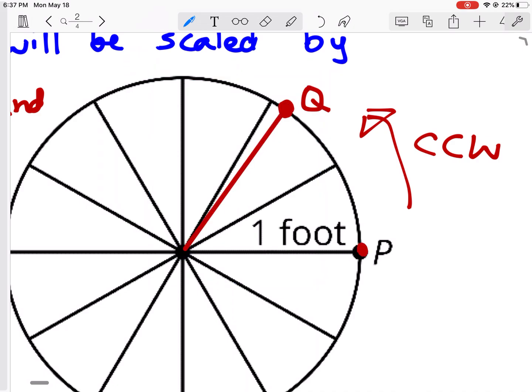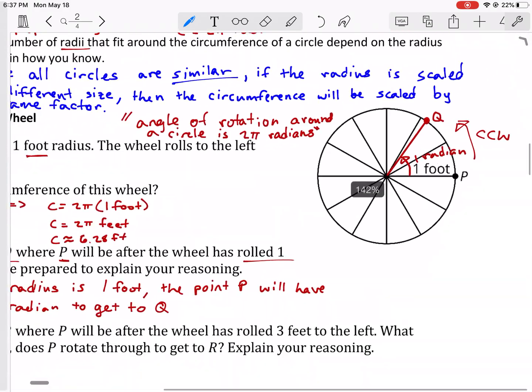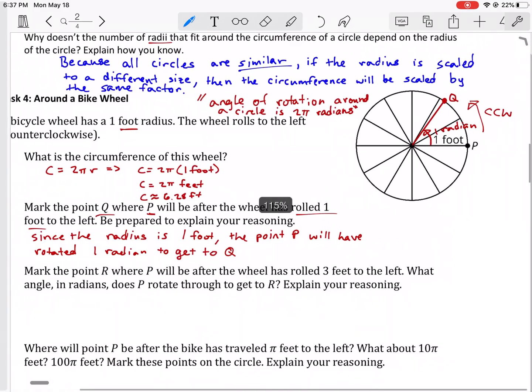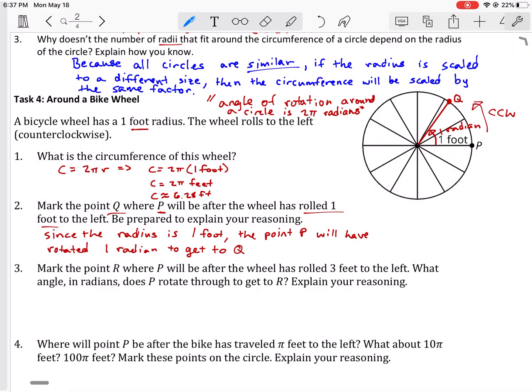This point P will have rotated 1 radian to get to Q because of that 1 foot radius. Which is pretty cool because now we know it just depends on what the radius is, hence the word 1 radian of rotation. This angle depends on the radius.